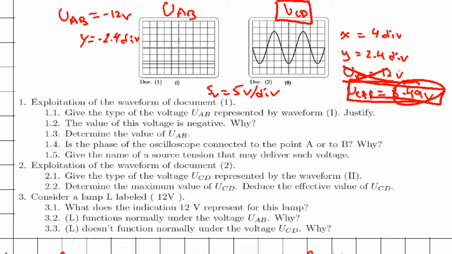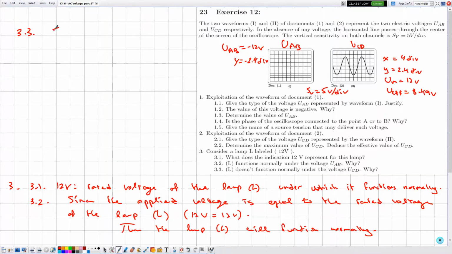Notice that this applied voltage is less than the rated voltage. So 8.49 volts is less than 12 volts.